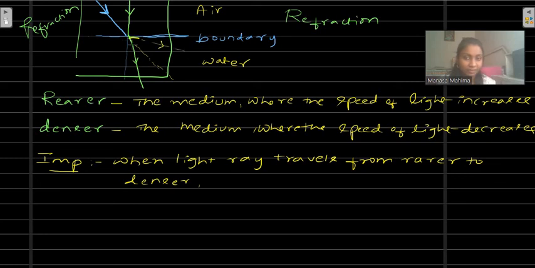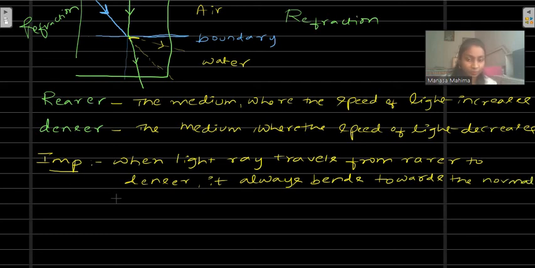But how is it bending? It is bending towards the normal. So you can conclude that when a light ray travels from rarer to denser medium, it always bends towards the normal. That is the case that you will see here.